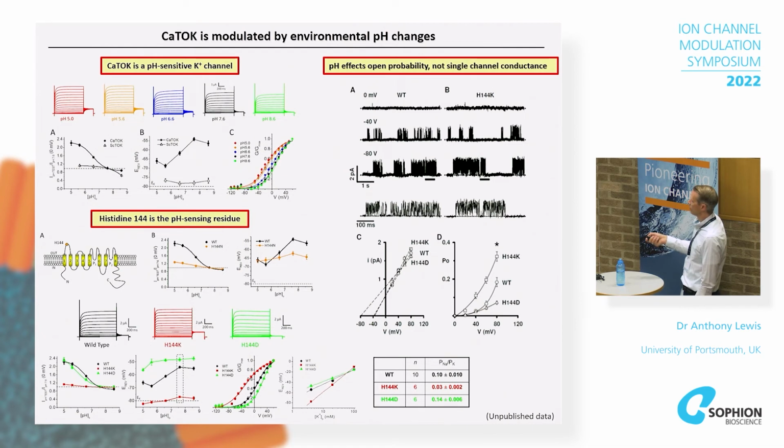But we wanted to know if this histidine may talk to any other residues around the pore. I'm not going to show you the data, but we looked at a lot of non-conserved charged residues that are exposed around the pore areas, and they don't seem to be involved in conferring pH sensitivity.